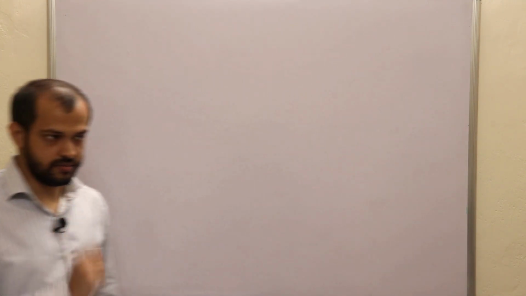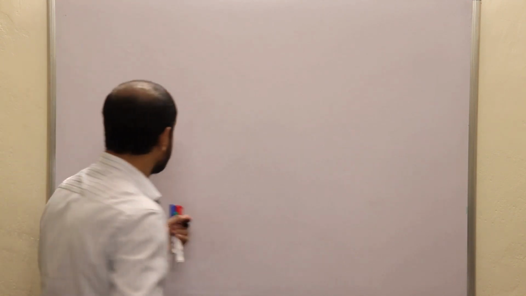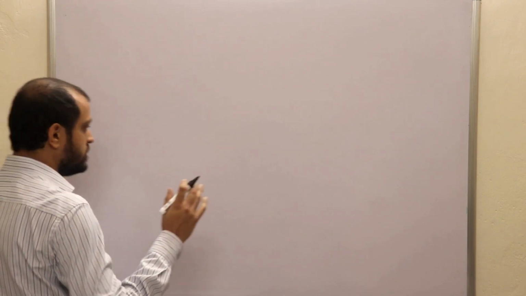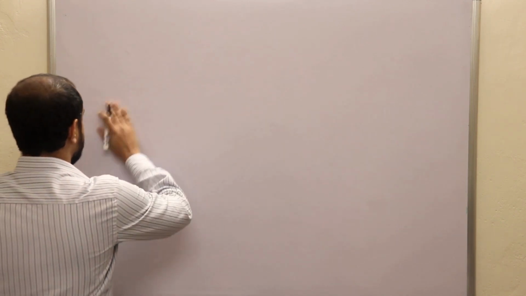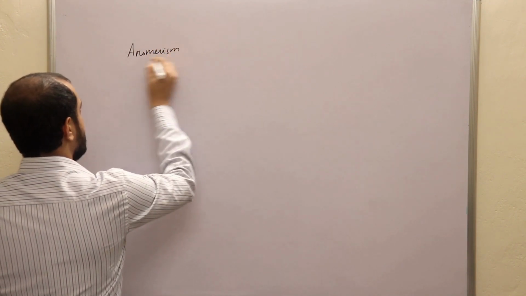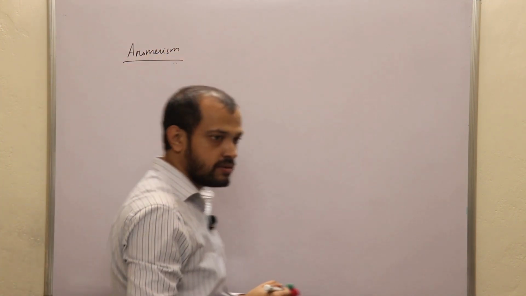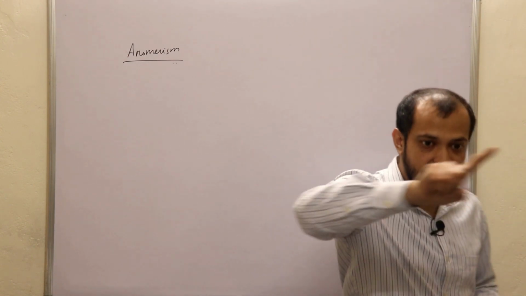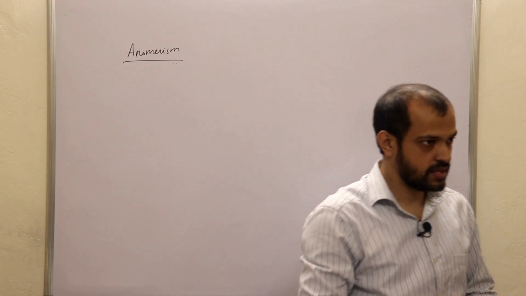Now listen. The most important thing you will encounter is what is anomerism. Anomerism occurs only when there is cyclization of glucose.